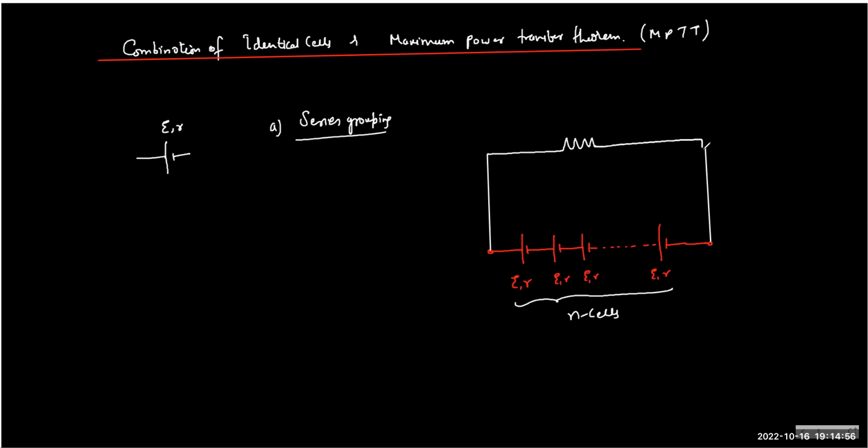The load is the appliance which you want to drive using the cells. So what is given to you, this configuration, is fixed. You are not going to change the configuration. Now what we are trying to achieve here, for a given configuration, is how to maximize the power received by the load. Okay. So every cell is E and all are in series combination.